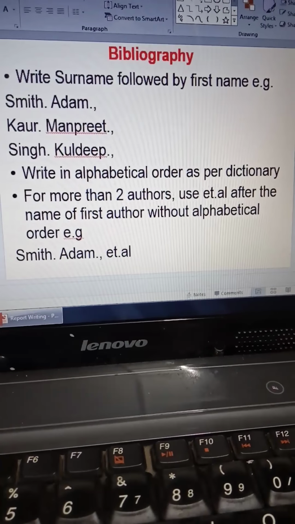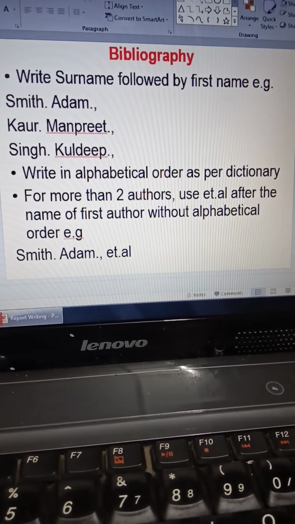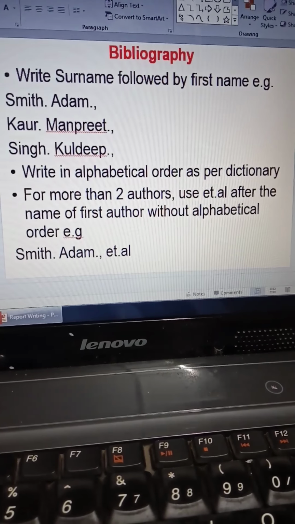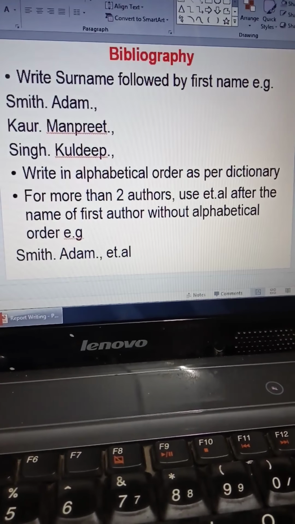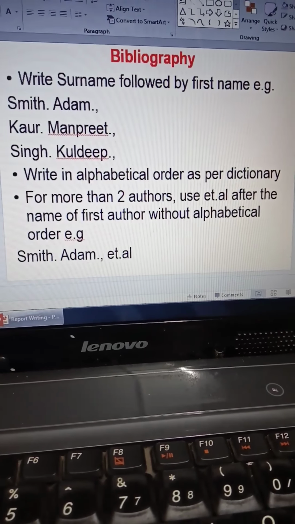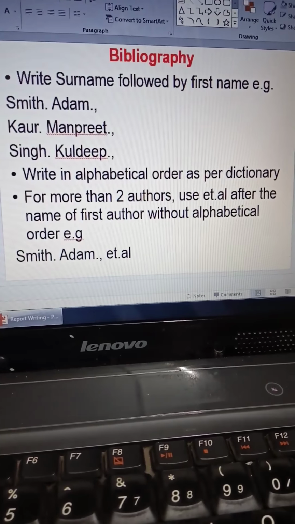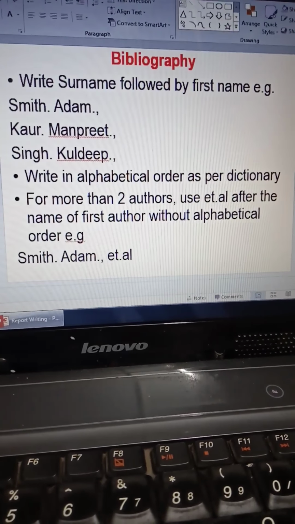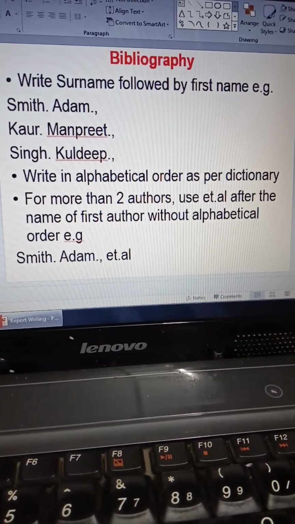Now, for example, if there are more than two authors, let us talk. The first three authors have written one particular research paper. How do you write the names? If there are more than two authors, use the word et al. after the name of the first author, without alphabetical order.